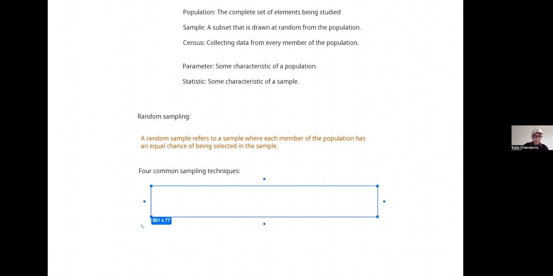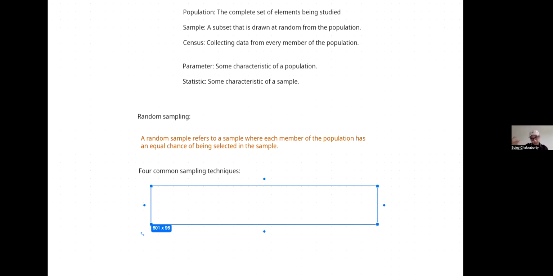We put a population in order and then select every kth member starting at a random spot in the list. Okay.